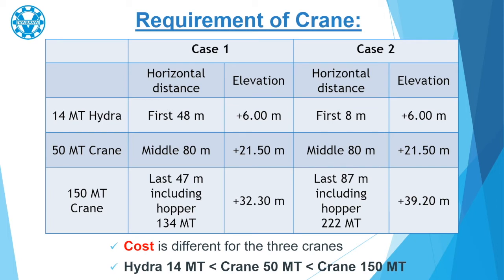Our requirement of cranes for the second case is Hydra 14 metric ton for the first 8 meter, crane 50 metric ton for the next 80 meter, and crane 150 metric ton for the last 87 meter including the hopper building. Obviously, if we divide the cost of crane with equivalent structural work of the three parts, all will be different.